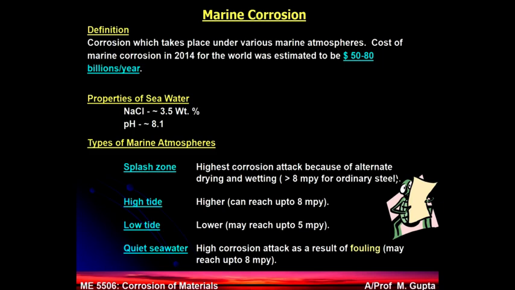And very surprisingly, in quiet seawater you can again expect a very high rate of corrosion, because quiet seawater means the living organisms will find it easy, and we call this fouling, when living organisms or sea plants come and attach themselves to the hull of the ship. I will take this a bit later. So again, you can have a high rate of corrosion of about 8 mils per year.